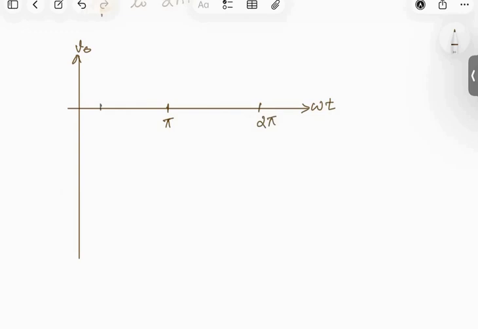We can divide the cycle: this is alpha, pi, and before pi plus alpha, we should have beta. Then after 2 pi, we will have pi plus beta.